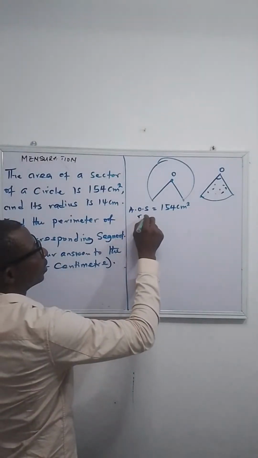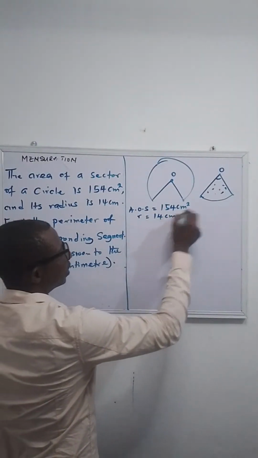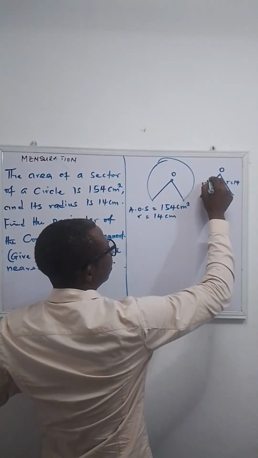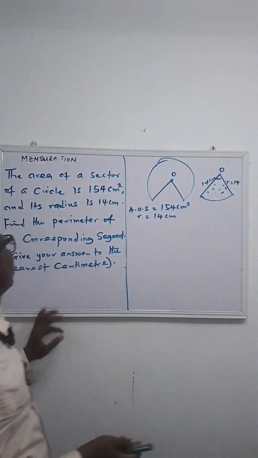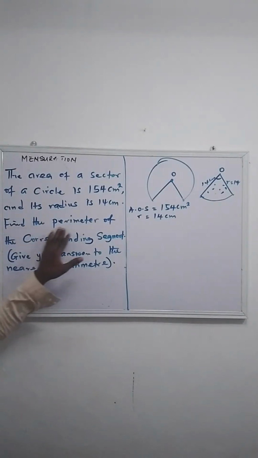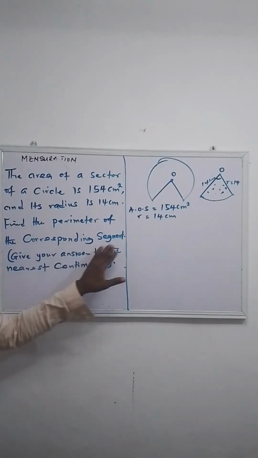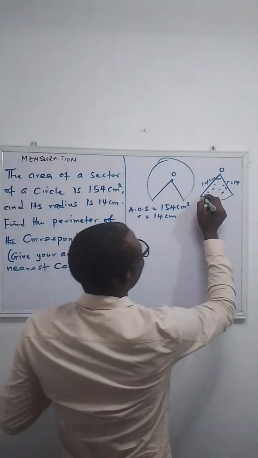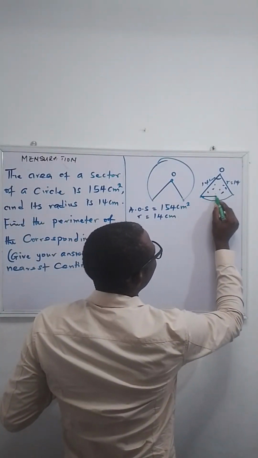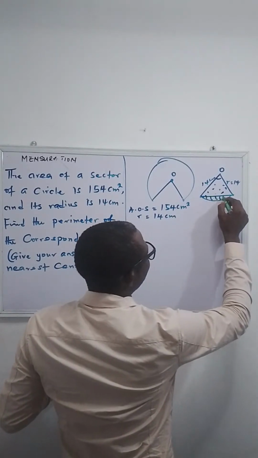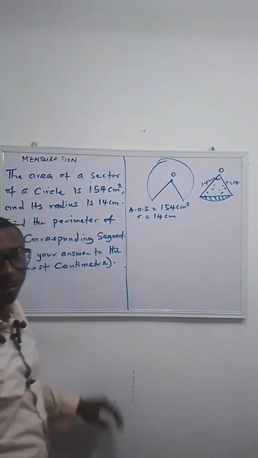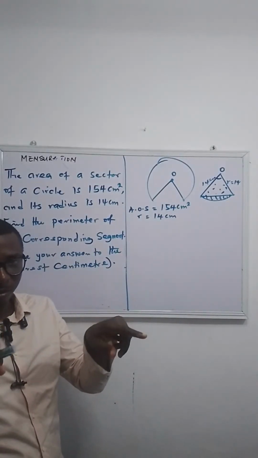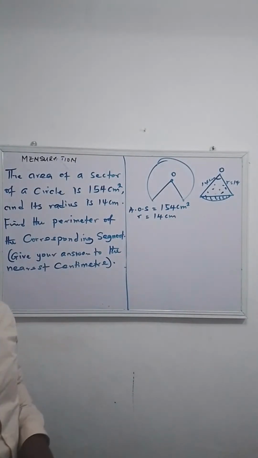R is 14 centimeters. Now the question says, find the perimeter of the corresponding segment. We want to get the perimeter of this corresponding segment. Look at it, there's a segment here. We want to get the perimeter. You see, everything is still round, the perimeter of a segment.